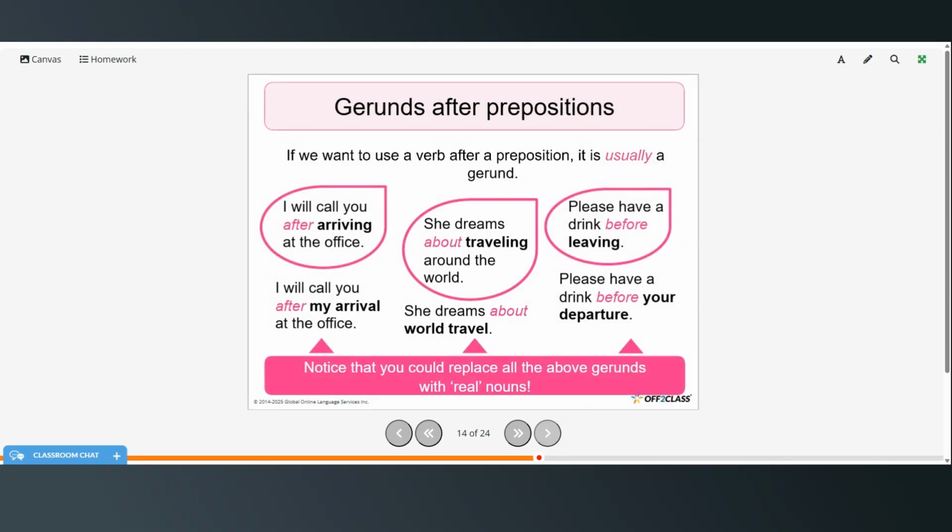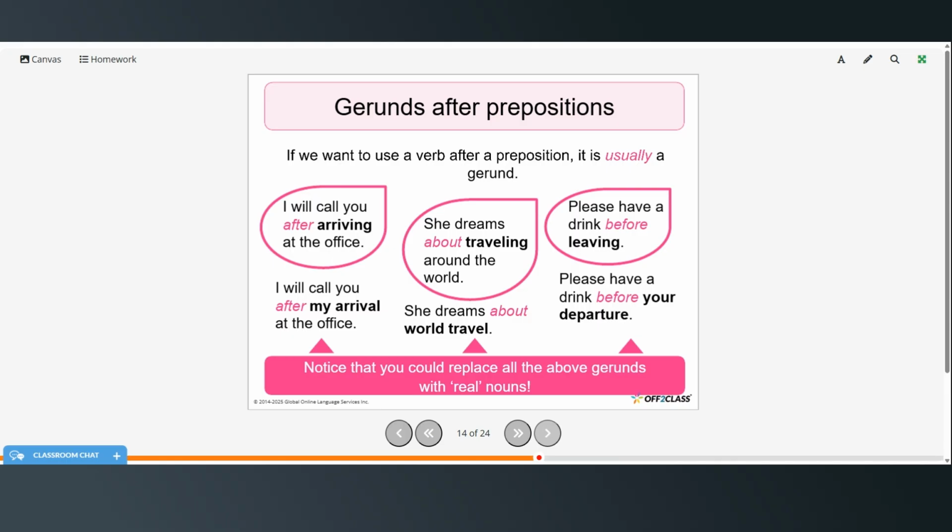If we want to use a verb after a preposition, it is usually a gerund. And here are some examples. I will call you after arriving at the office, or I will call you after my arrival at the office. So you could replace all the gerunds with quote unquote real nouns. Both are correct. She dreams about traveling around the world.